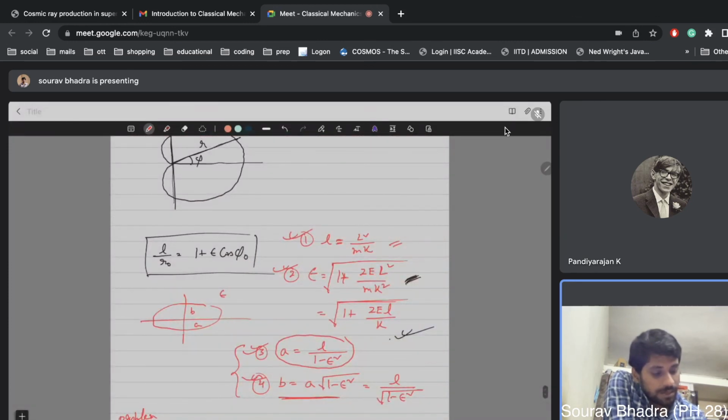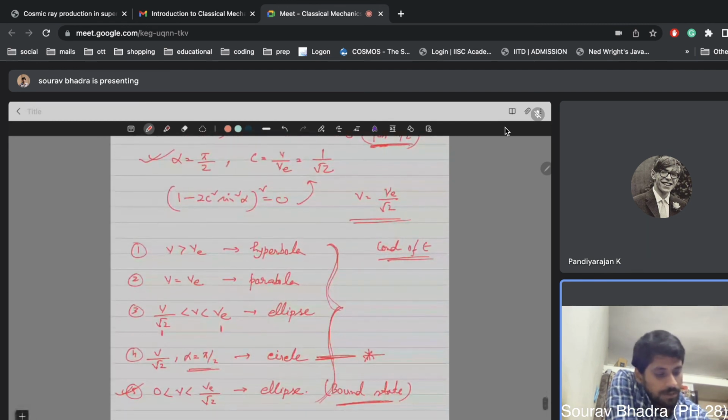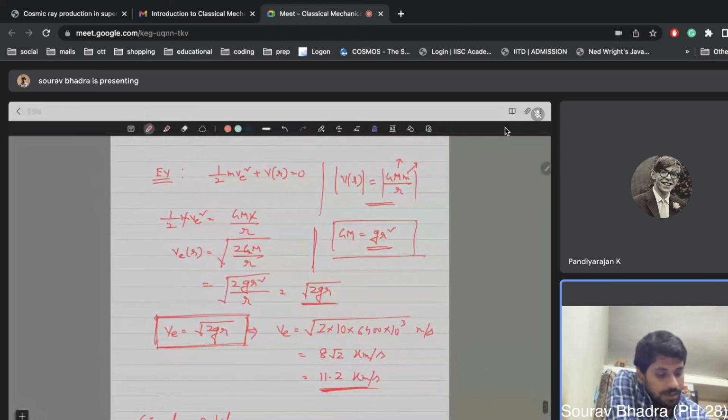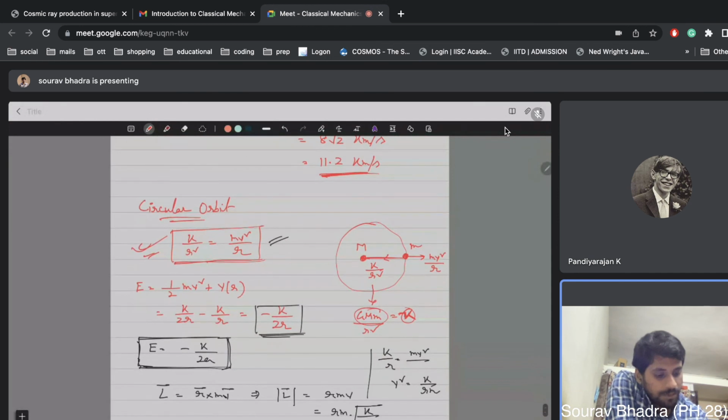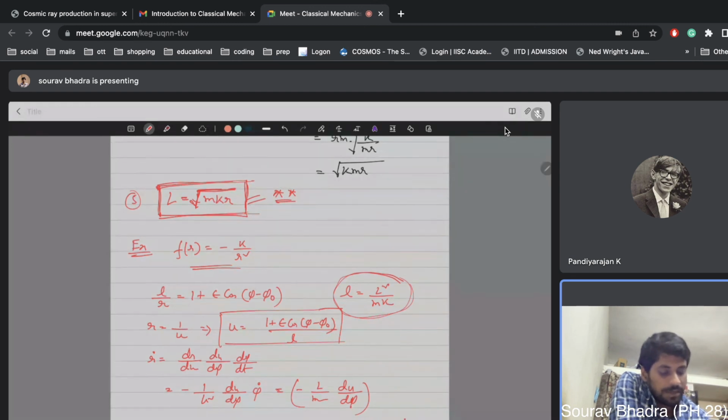Again I am telling you this, 1 2 3 4. So this L, this epsilon, A and B in terms of L and epsilon, you can also remember, but this is important, which I have done. And this one, the total energy of a particle in a circular orbit, and the angular momentum in terms of its mass and the radial distance from the center.